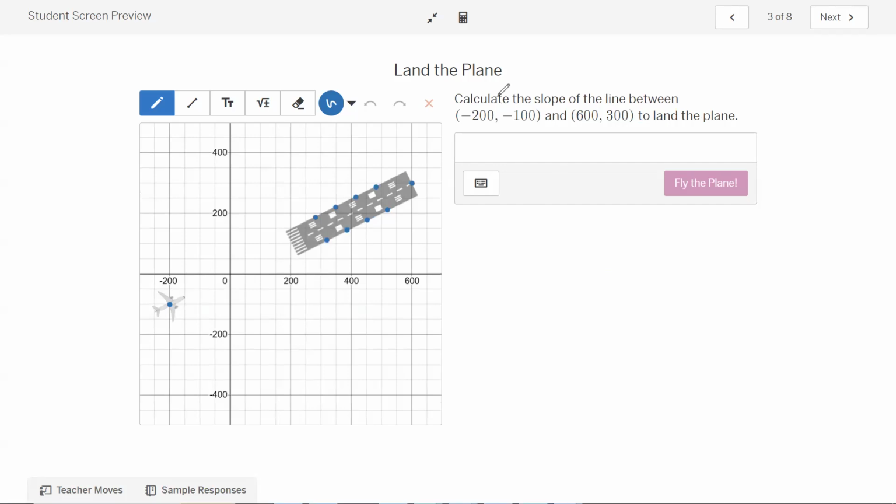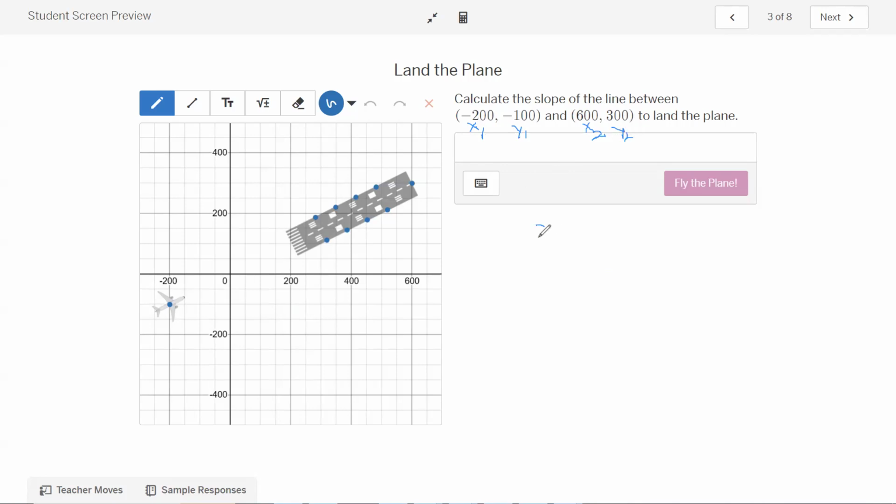Okay. So my first point, negative 200 and negative 100. This is my x1. This is my y1. 600 is my x2. 300 is my y2. y2 minus y1.